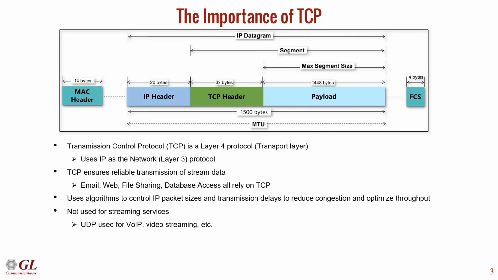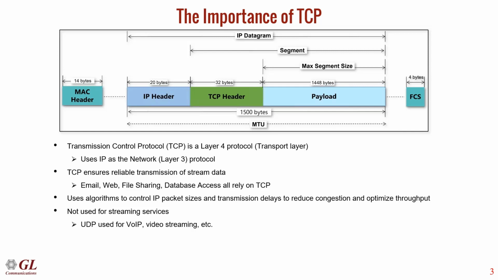So Transmission Control Protocol is basically one out of two dominant layer 4 protocols, and it uses IP as the network layer, and it is used to ensure reliable transmission of data.